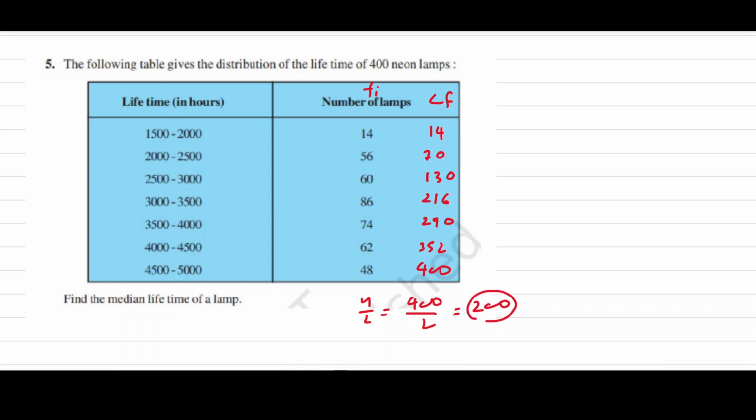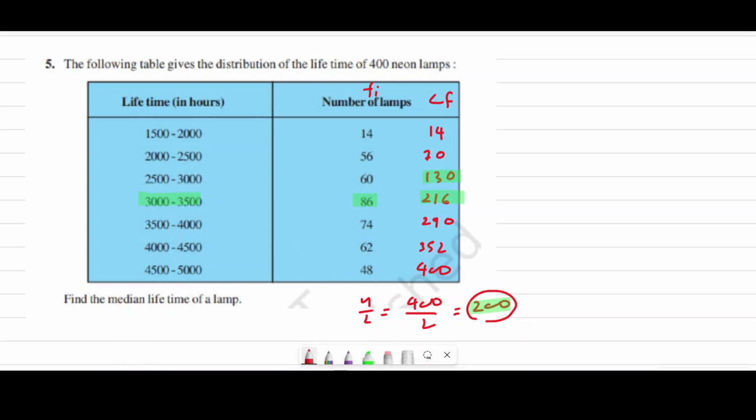Calculate everything for this. Now for this, where is 200? 200, that means here. So here, here and here, and calculate the length.